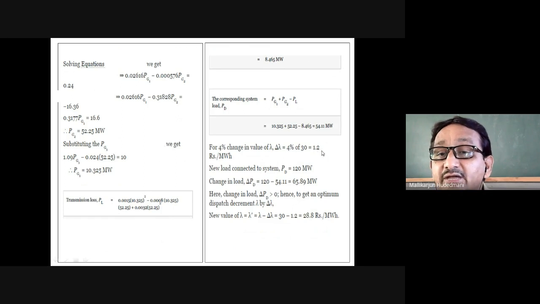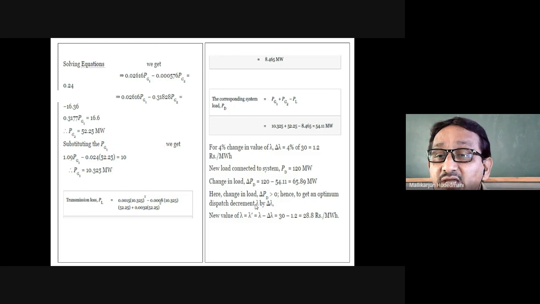So therefore, the new connected load of the system given in the problem was 120 megawatt, and 54.11 was the calculated corresponding system load. The differential load is 65.89 megawatt.